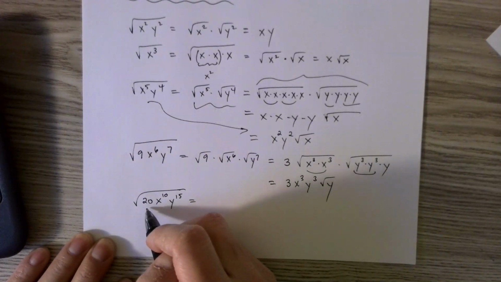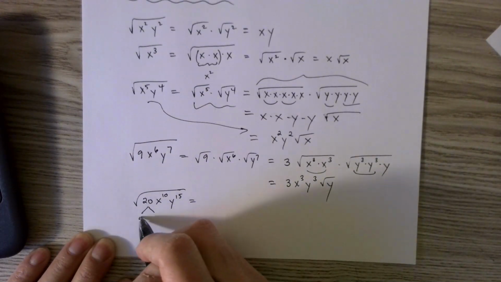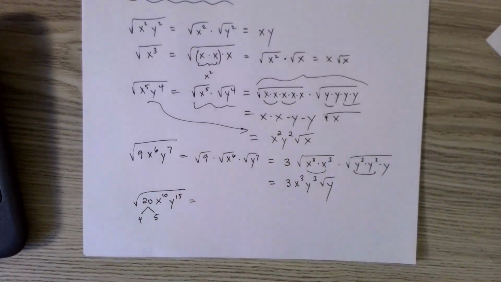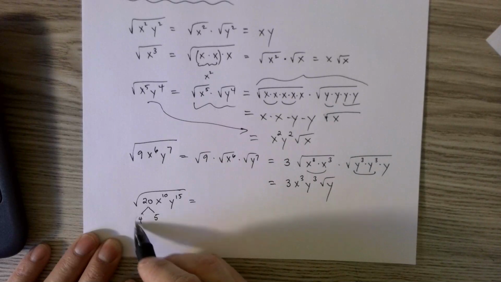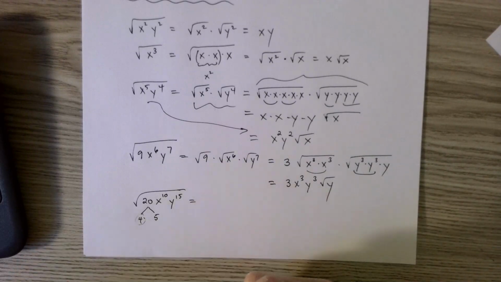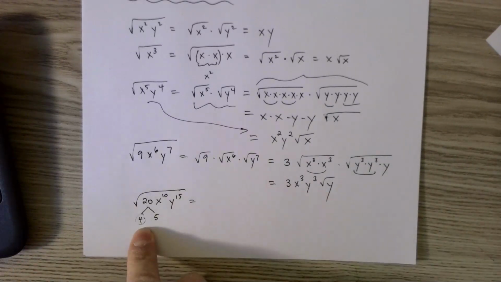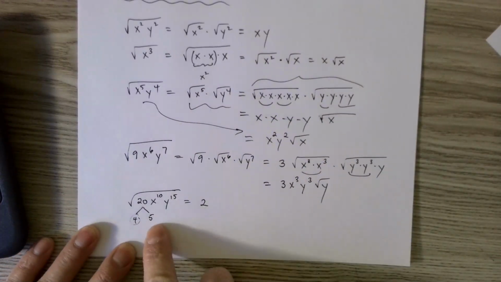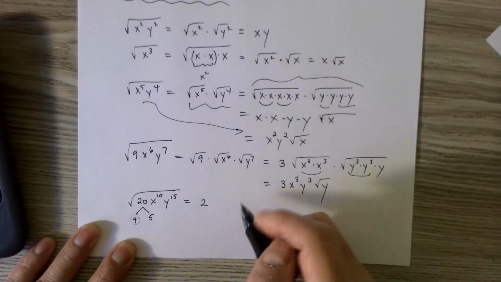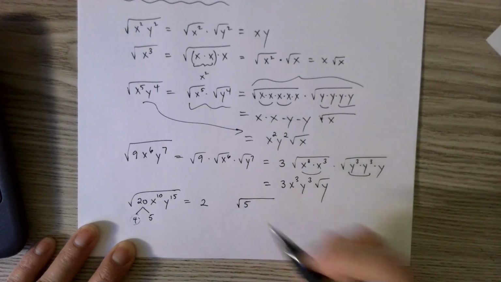So I have 20, and I know that 20 is 4 times 5. Since 4 is a perfect square, a 2 is going to come out because 4 is 2 squared. So a 2 will come out, and that 5 is not a perfect square, and it's prime, so it will stay inside. So I'll write the 5 there.